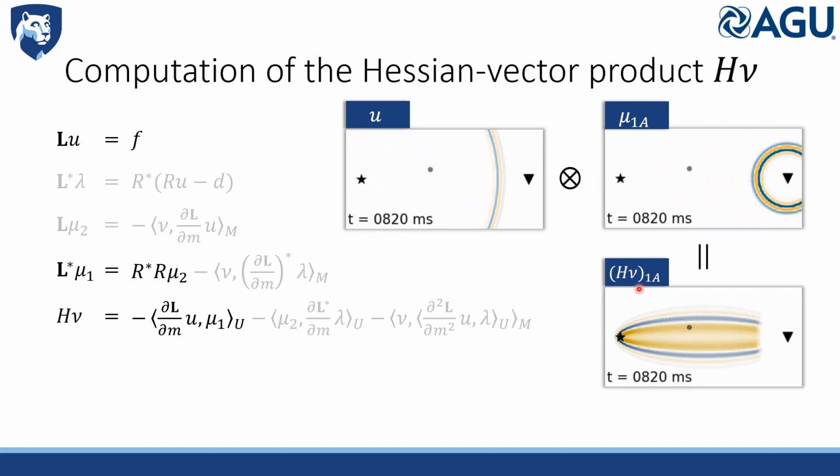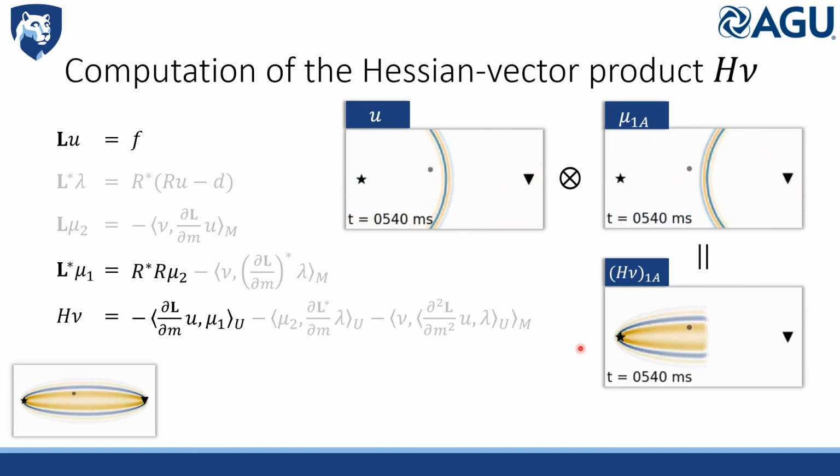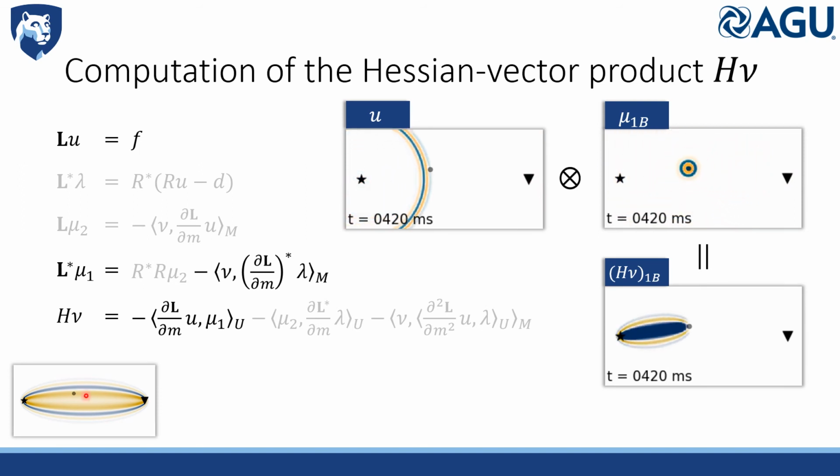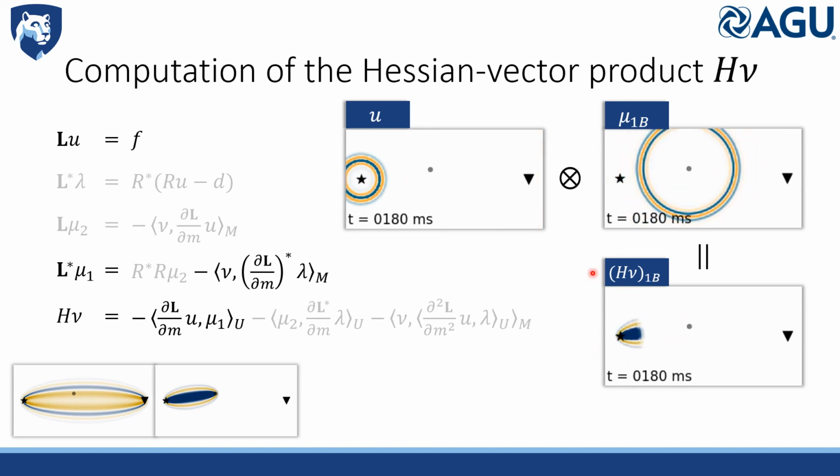Hence, H nu1A has the sensitivity between the source and the receiver. And we record this part of the contribution here at the bottom. As for part B, still U starts from the source, and mu1B shrinks to the scatterer. So H nu1B is this fish shape connecting the source and the scatterer. Similarly, we leave the result right here.